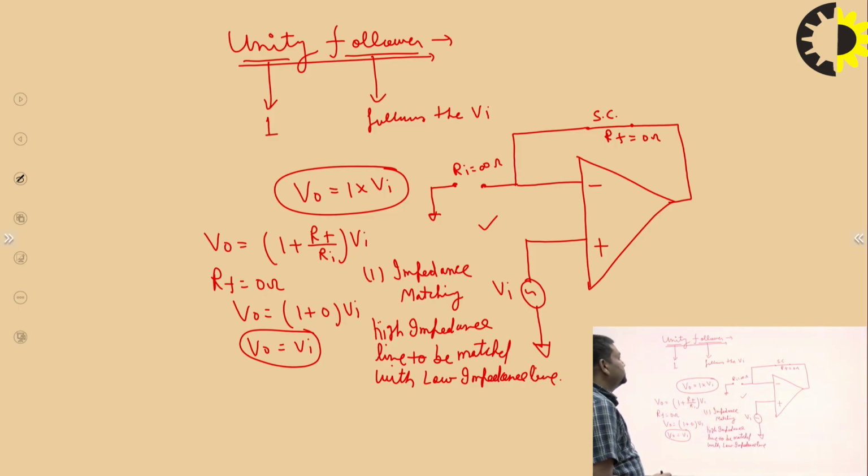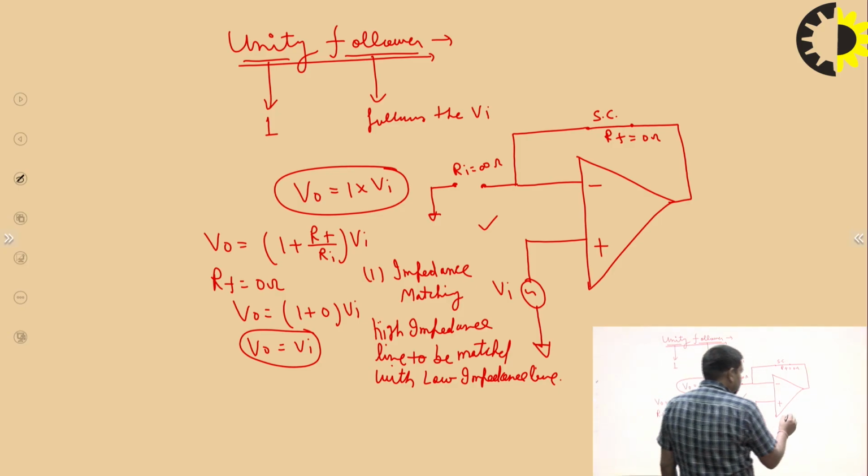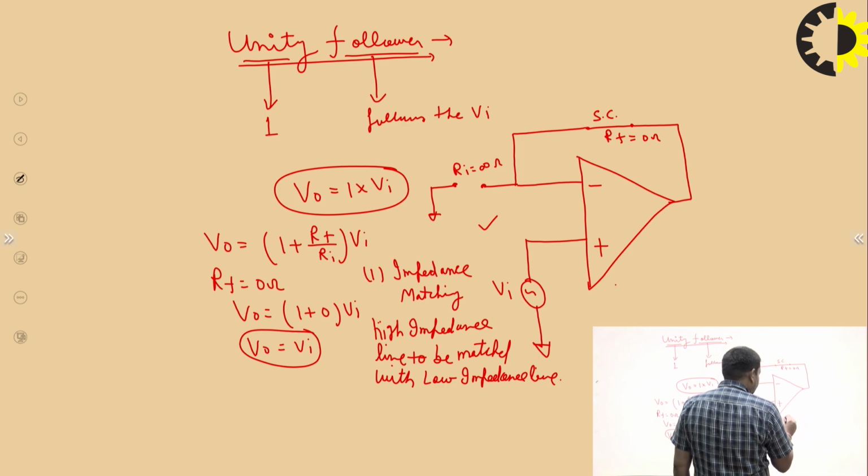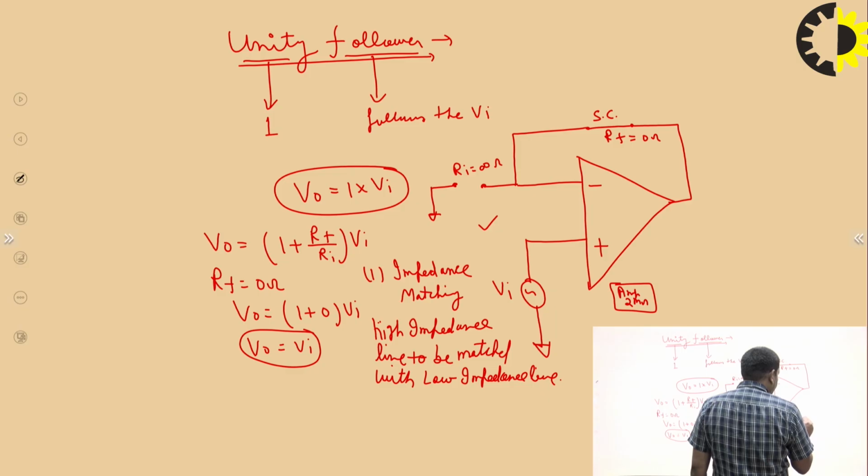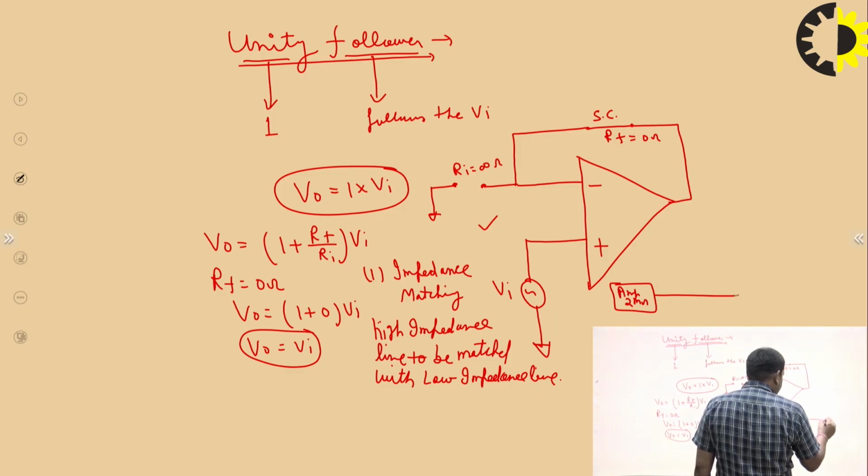We use this unity follower because we know that for an op-amp, the input impedance is high. Using the maximum power transfer theorem, I give one example: an amplifier having an output impedance of 2 mega ohm is connected to a lead having an impedance of 75 ohm.